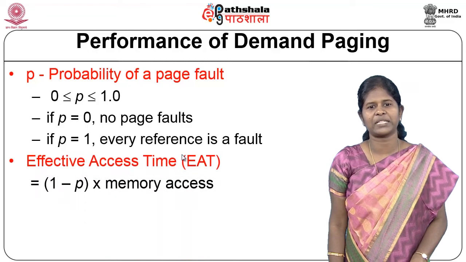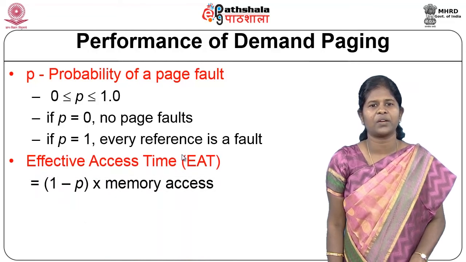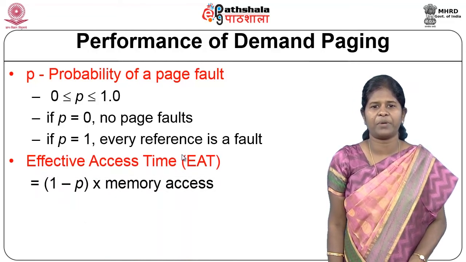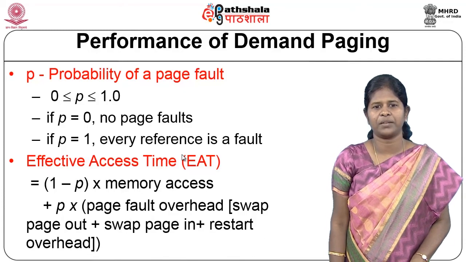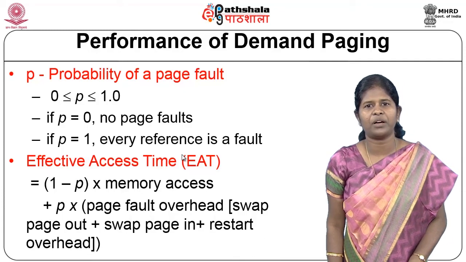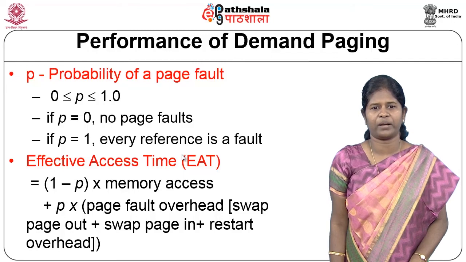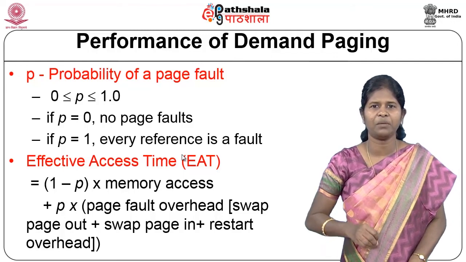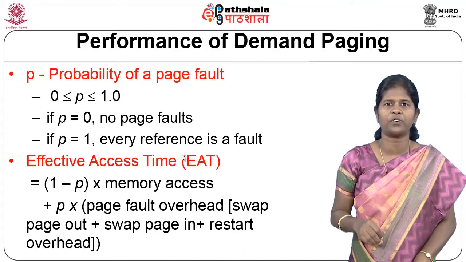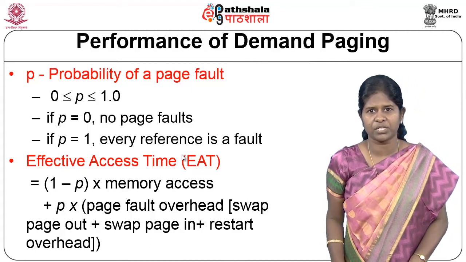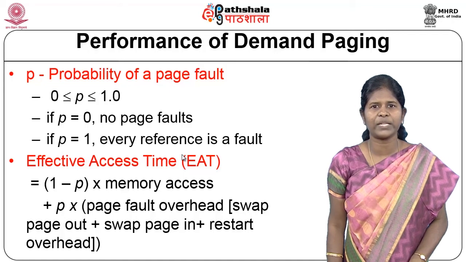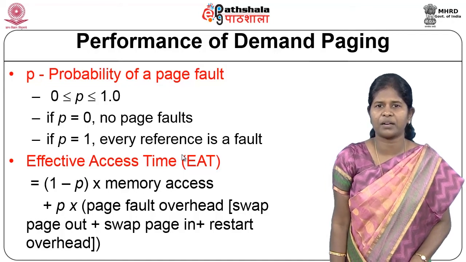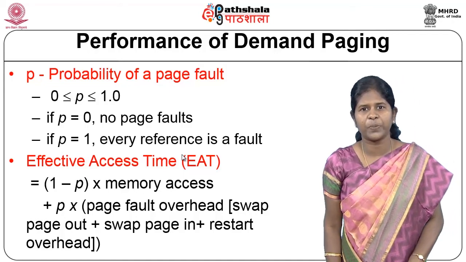So, the effective access time is defined as (1 minus P) times the memory access time plus P times the time required for the page fault overhead. Here we can see that the time involved in this page fault overhead is very large. We saw a sequence of steps that are involved in page fault handling.